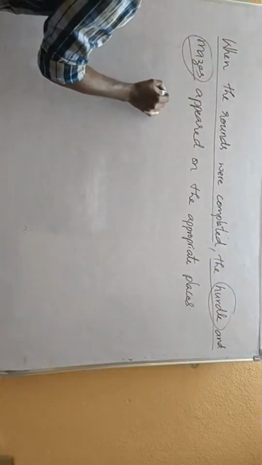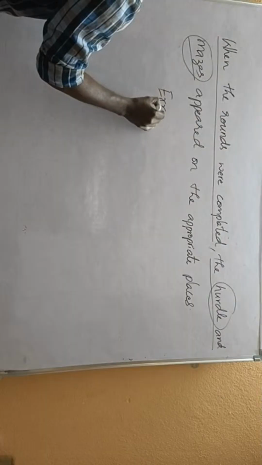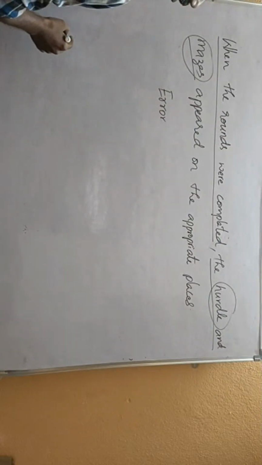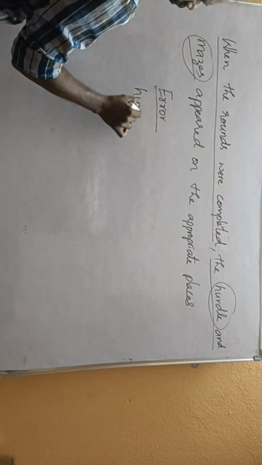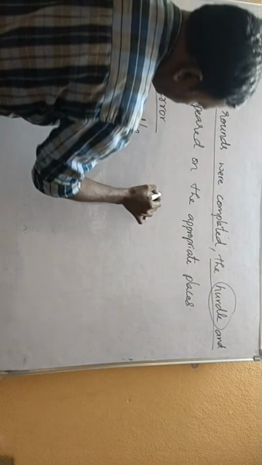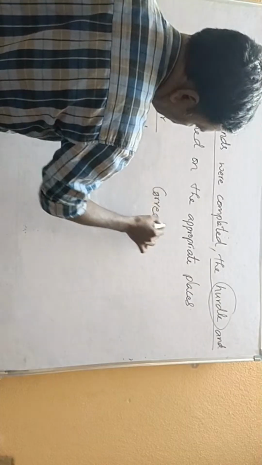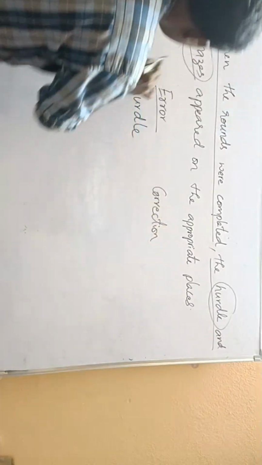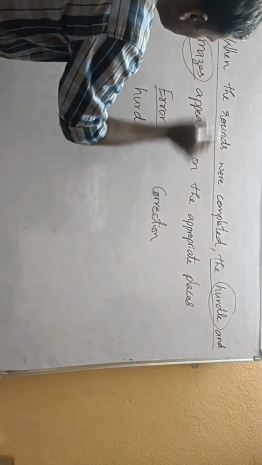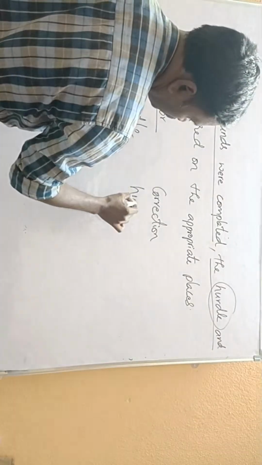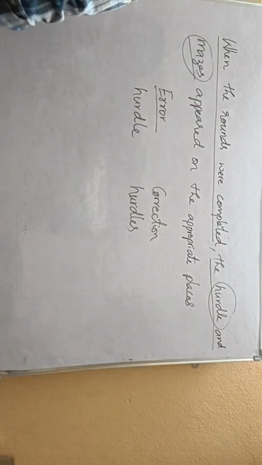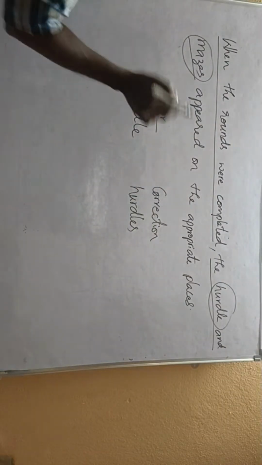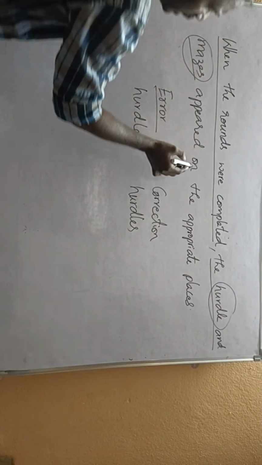So the error is hurdle, and the correction is hurdles.